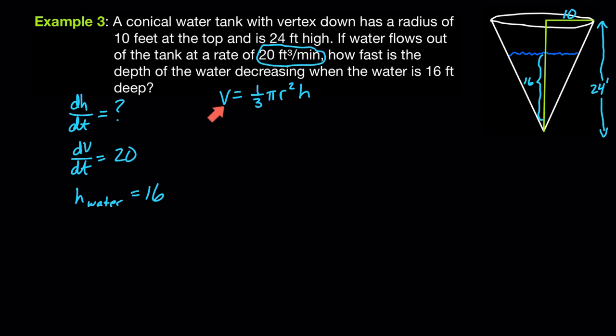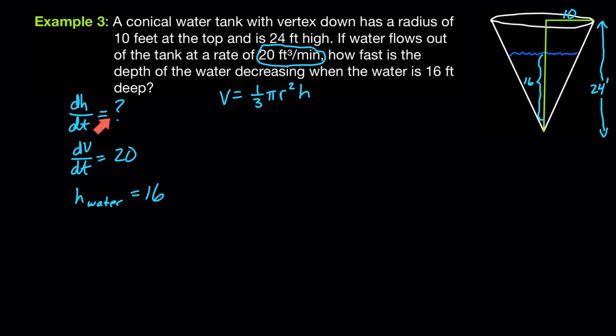If we are to differentiate this problem right here, we would end up with dV/dt over here, which we know that measurement is 20. When you take the derivative, you're going to have an r in the problem, an h in the problem, and also a dr/dt and a dH/dt.